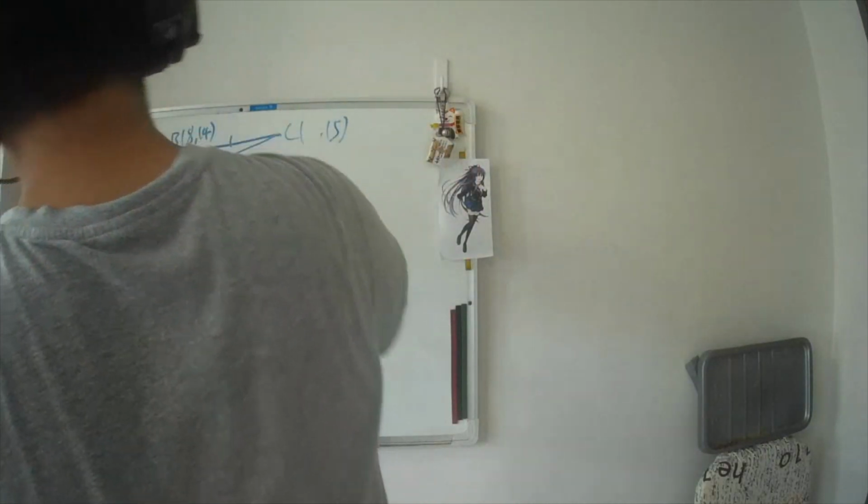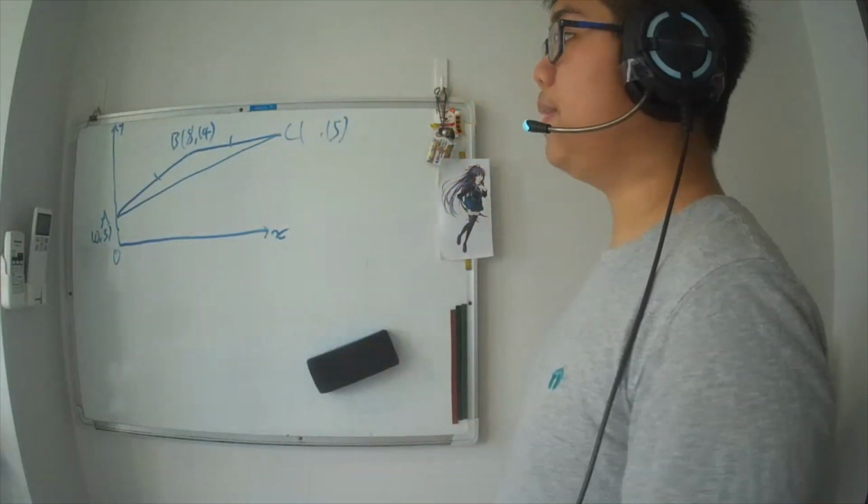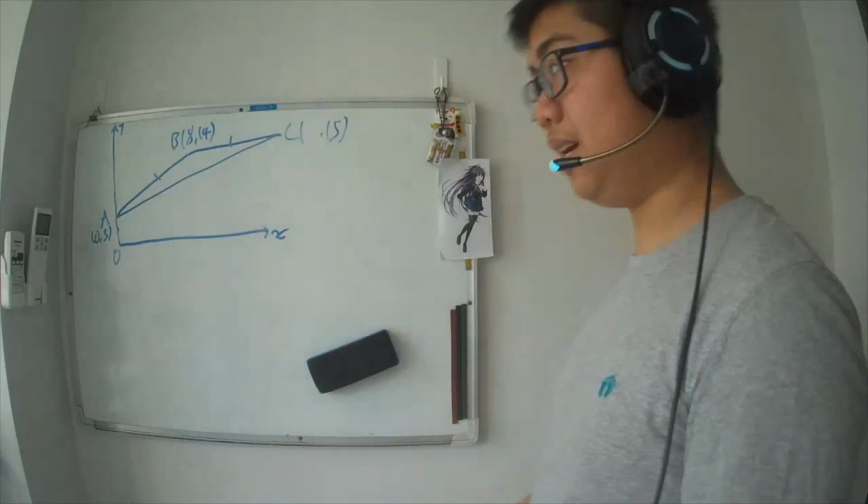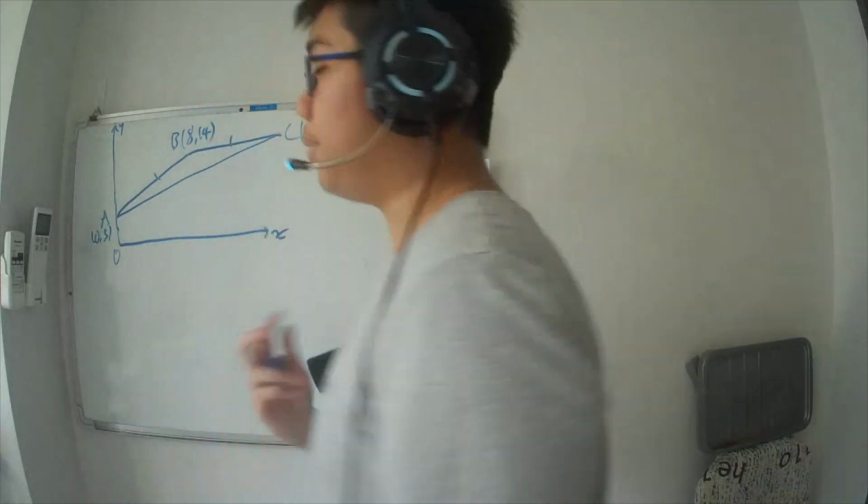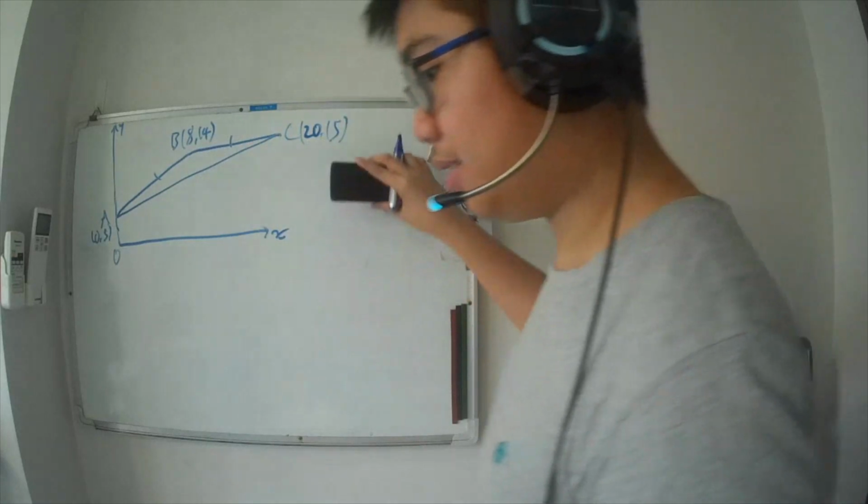So what we need to realize is that since it is also equidistant from A and C, that means that BD will be the perpendicular bisector of AC. So if we can find the gradient of AC, we can find the gradient of BD, and we know that D lies on the x-axis, right?